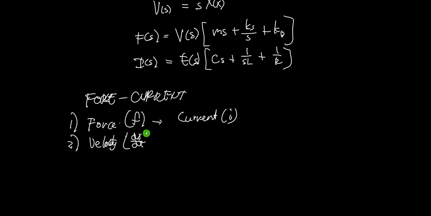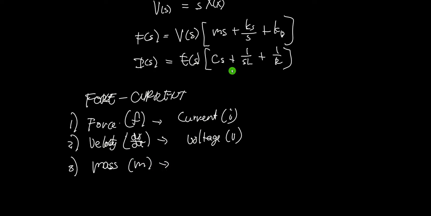The x dt is now equivalent to the voltage, V. Then the mass M is equivalent to the capacitance C. Number 4, the spring constant Ks.